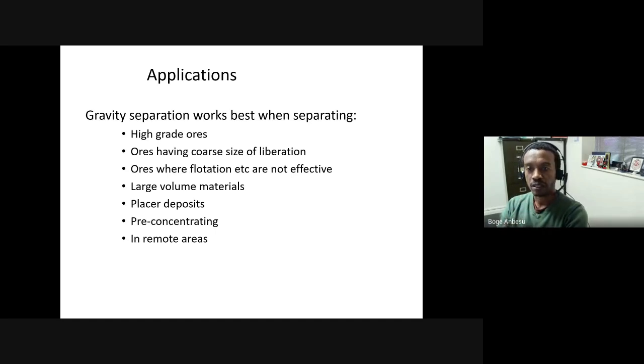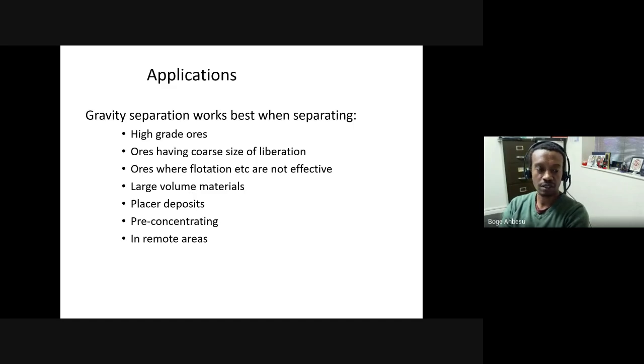Okay, so partly the starting size, if it's somewhere around 500 micron, which is say half a millimeter or more, typically we want to exploit the performance of a gravity separation first, because at that size, most gravity separators should function well. Or maybe the ore cannot be beneficiated with, say, flotation.